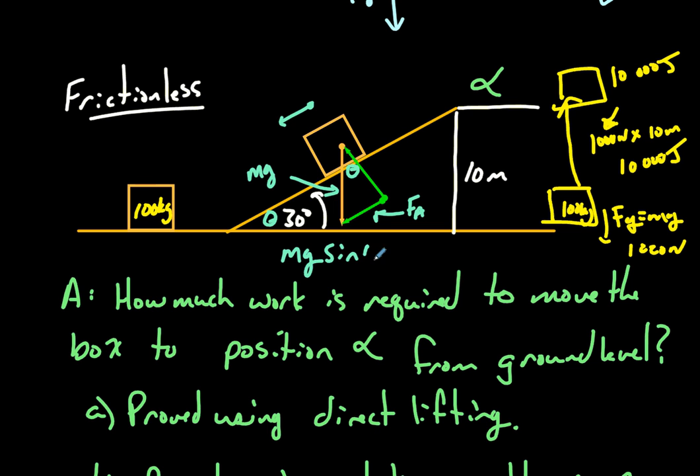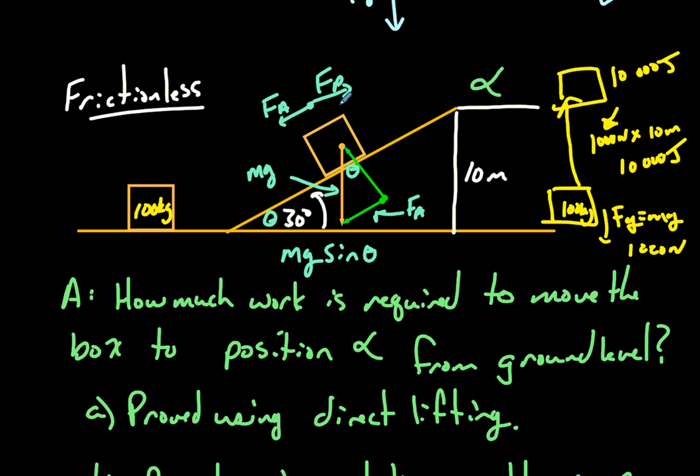So the amount of force required to keep this moving constantly just has to be equal and opposite to Fa. So this is the applied force that we're going to put on there. We'll put it as Fp. The amount of force that's going to be required to just push this up the ramp, okay? Because we're frictionless, we don't need to worry about any friction in this scenario, okay? We'll talk about what happens with friction later.